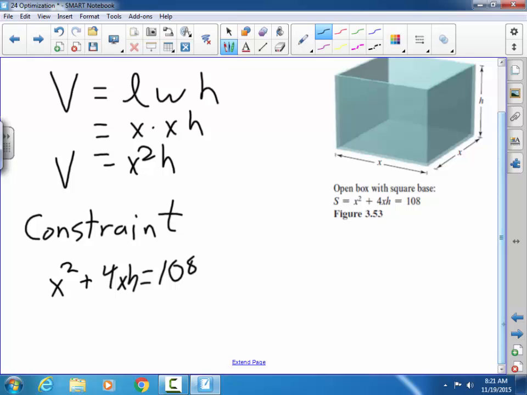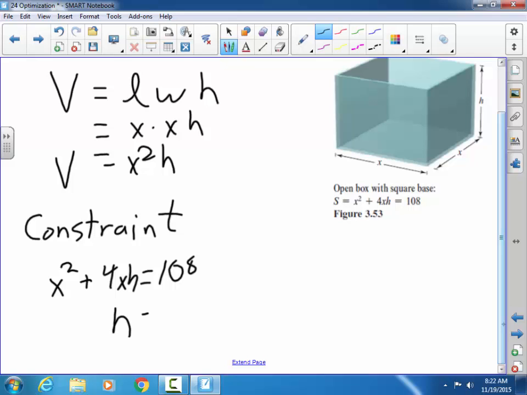So now once we have that, that's our constraint equation. Can we solve that equation for x? How? Yes. Solving it for x becomes very difficult because to solve it for x, you've got to use a quadratic equation, and that's just not going to be pretty at all. But we can solve it for h relatively easily. So that would be the right thing to do.